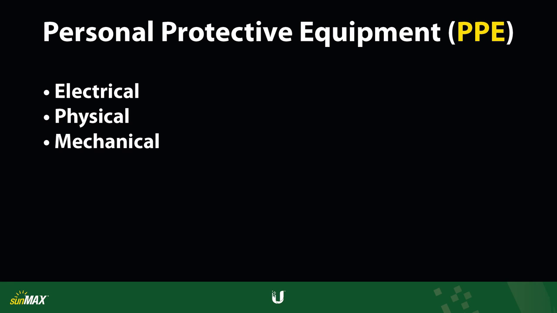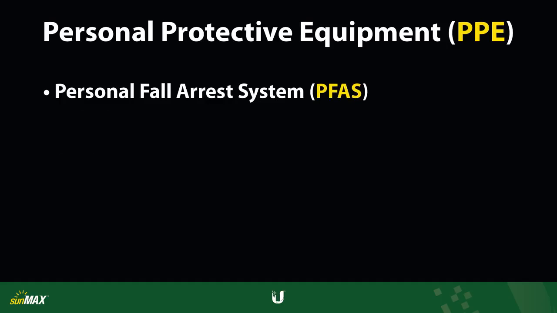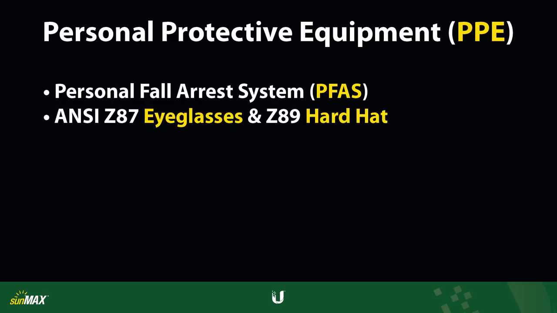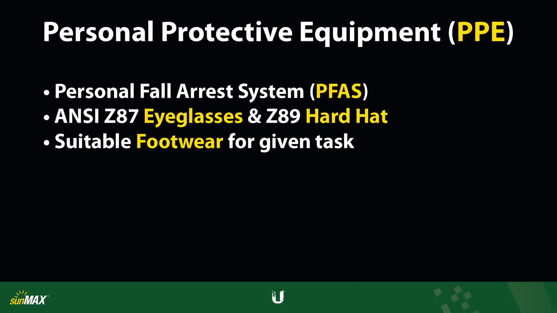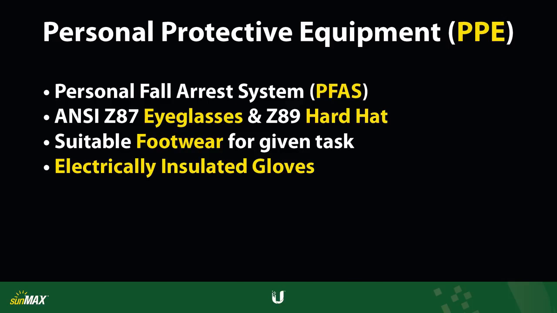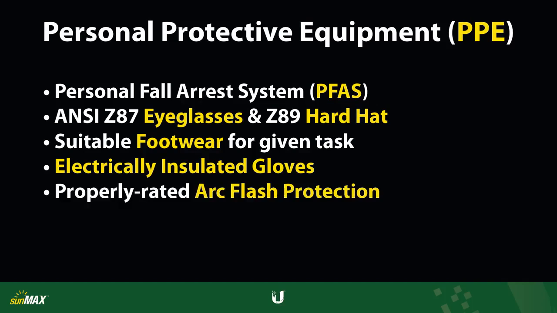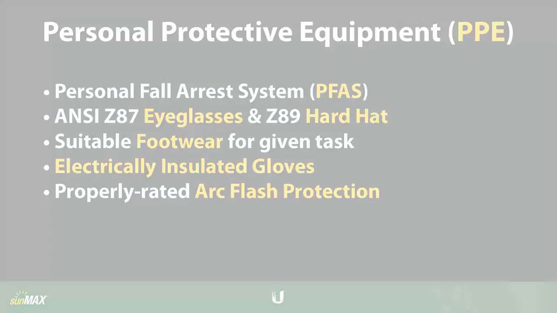At a minimum, consider the following personal articles for protective equipment: a personal fall arrest system, ANSI Z87 eyeglasses, an ANSI Z89 hard hat, suitable footwear for each given task, and electrically insulated gloves when performing maintenance and testing energized PV systems. And when working on live and/or grid-connected systems, be sure to use arc flash protective equipment properly rated for the voltage of the electrical system.